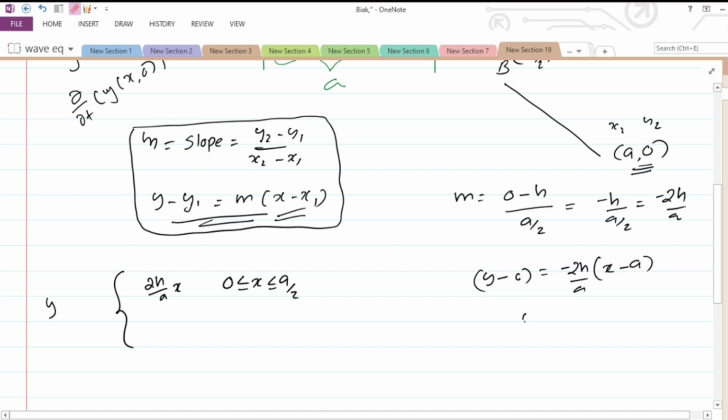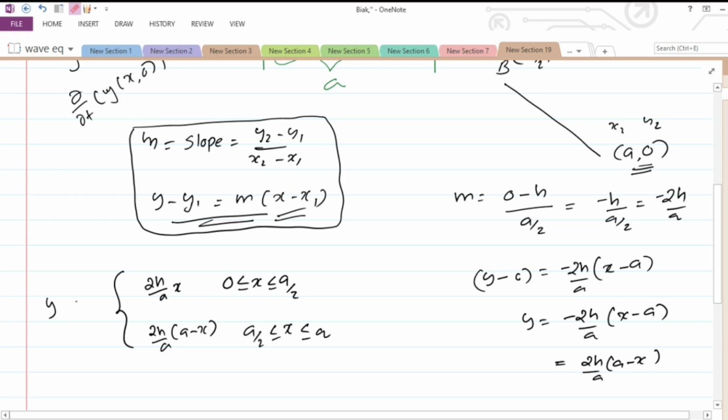So y equals minus 2h by a into x minus a, or y equals 2h by a into a minus x, from a by 2 to a. So initially we have y of x, 0 equal to these two parts.